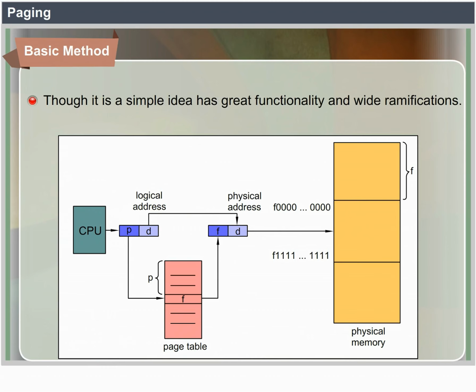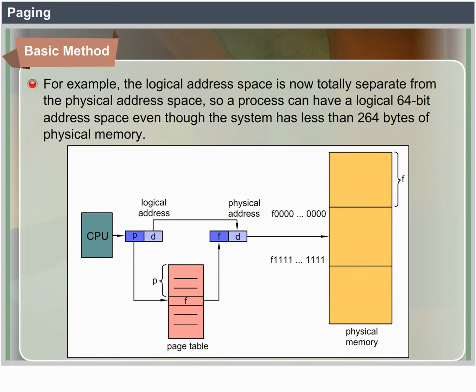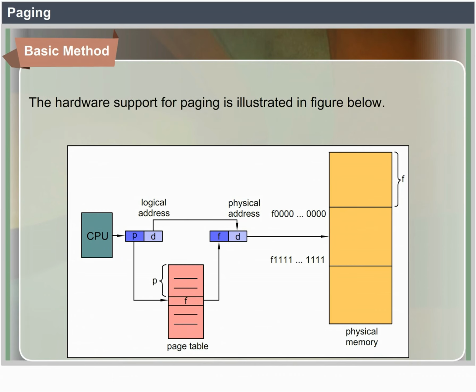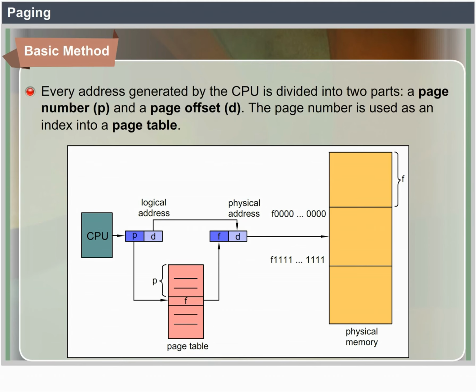For example, the logical address space is now totally separate from the physical address space, so a process can have a logical 64-bit address space even though the system has less than 2^64 bytes of physical memory. The hardware support for paging is illustrated in the figure below. Every address generated by the CPU is divided into two parts, a page number p and a page offset d.